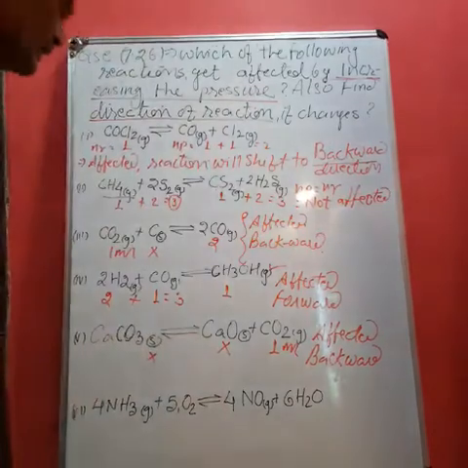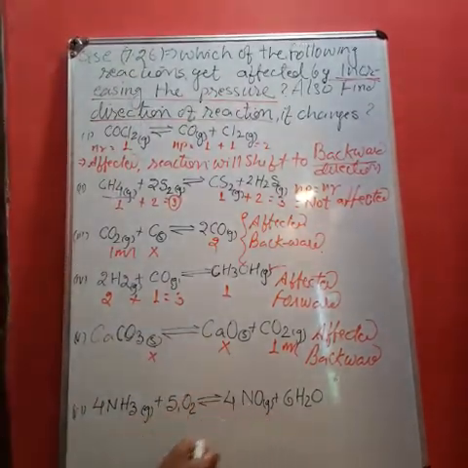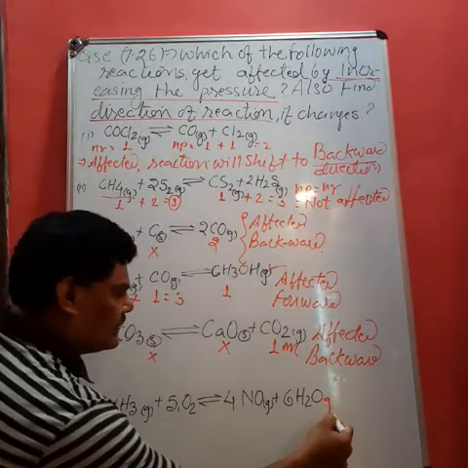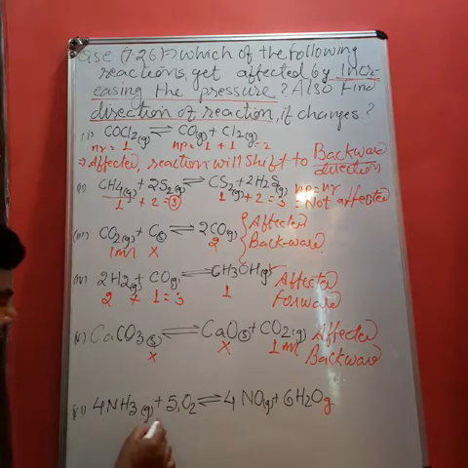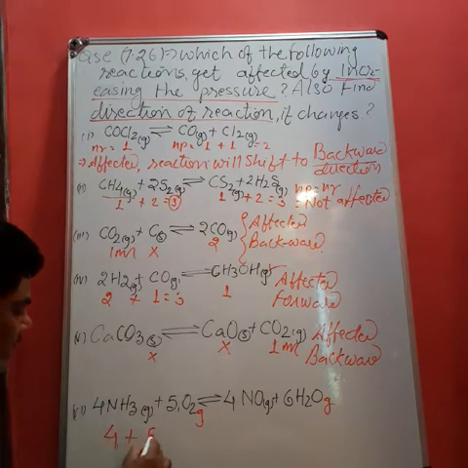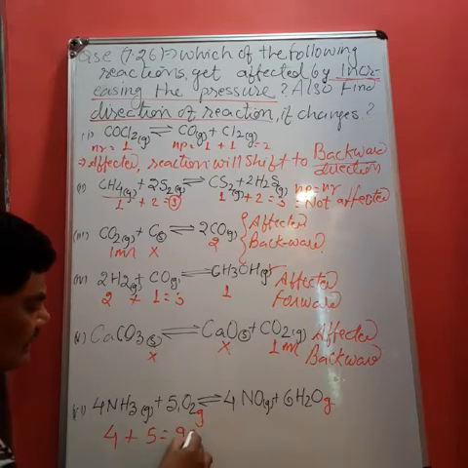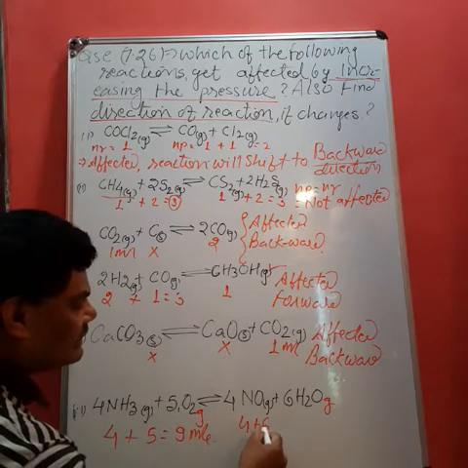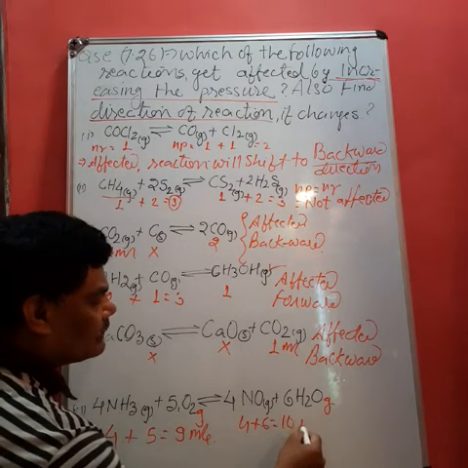And the last one, 4 species are there. All these species are in the gaseous state. So now 4 plus 5 moles is equal to 9 moles are there. And on the product side, 4 plus 6 is equal to 10 moles are there.